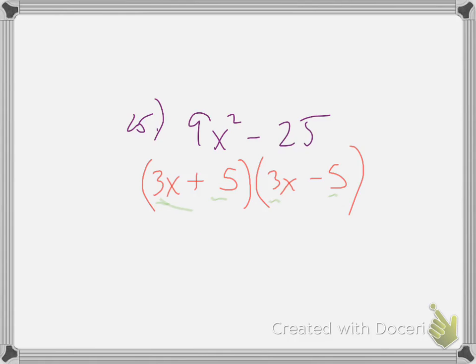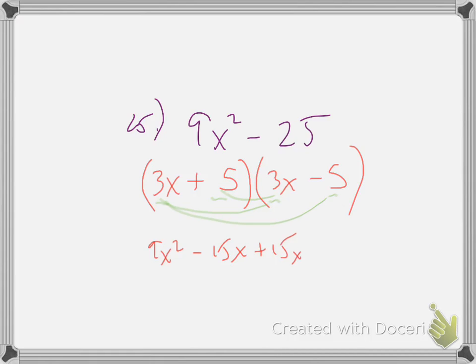You get your 9x squared minus 15x. Whoops, let's do that in the right color. And the other side, I did it a little backwards in terms of my thing. 5 times a 3x, there's a plus 15x, cool.